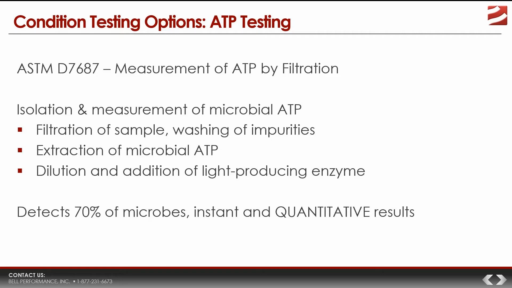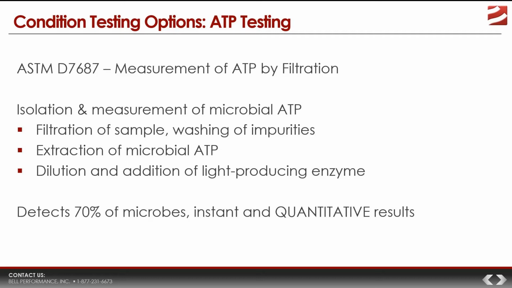So the culture test detects 0.1, 1/10 of 1%. The LFD, remember the lateral flow device, detects about 60% on its best day. ATP testing will detect about 70% of the microbiome, which means it's 700 times more accurate than a single culture test.